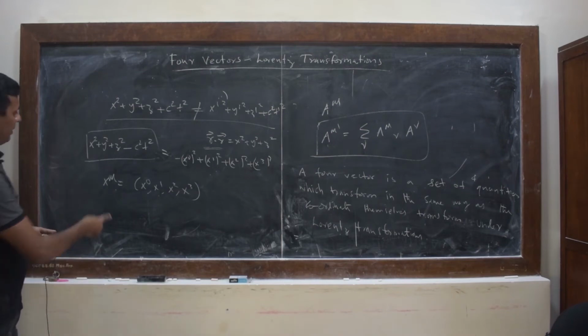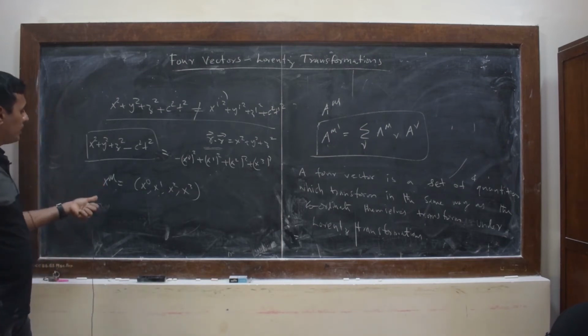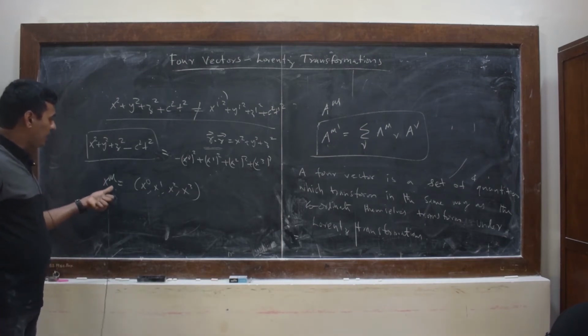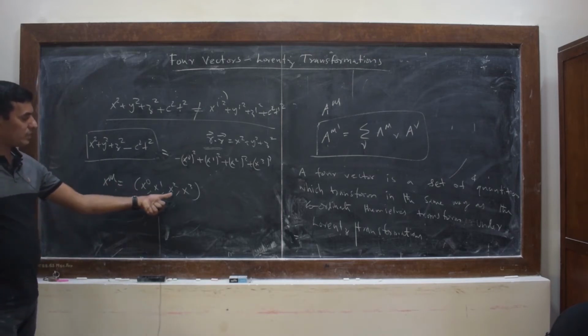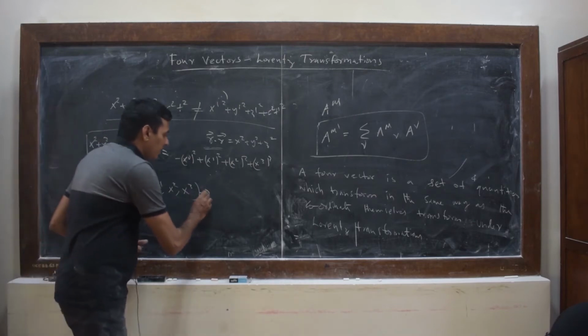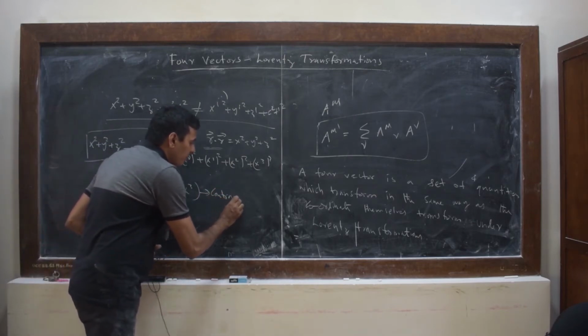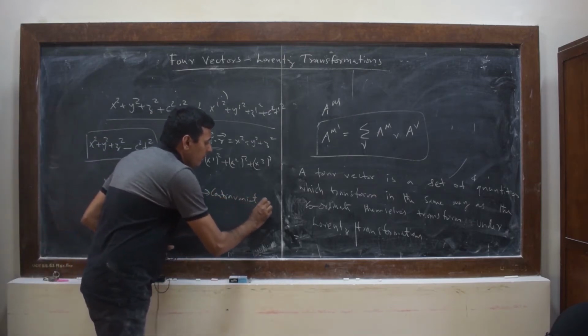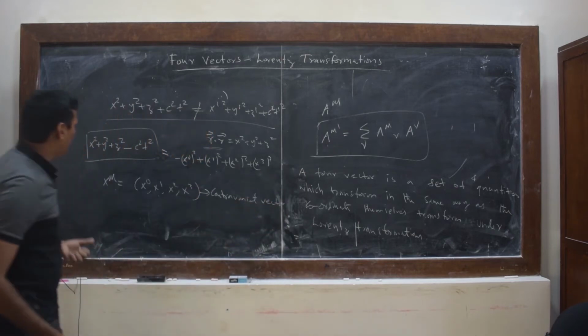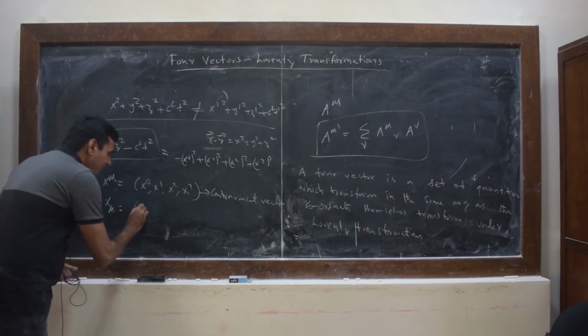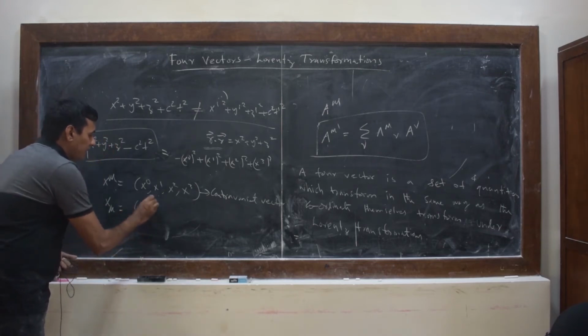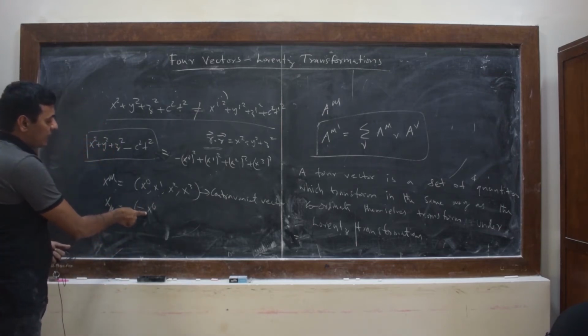Now in order to introduce the dot product, I first define a vector x mu, which is equal to x0, x1, x2, x3, and which I call a contravariant vector. Now, I introduce what is called a covariant vector x lower mu, which is equal to minus x0, x1, x2, x3. The first component gets a negative sign.